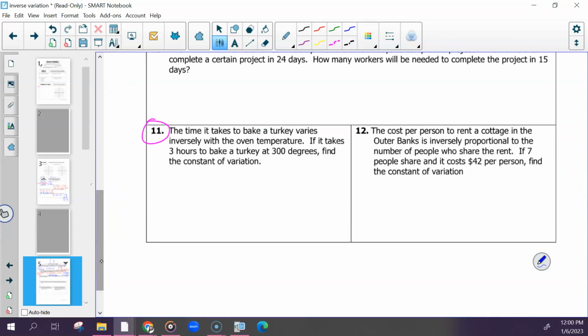Alright, let's do one more. And then any other questions you need to go over, and then we'll be done. So number 11. The time it takes to bake a turkey varies inversely with the oven temperature. Which is y, which is x? Time is y.